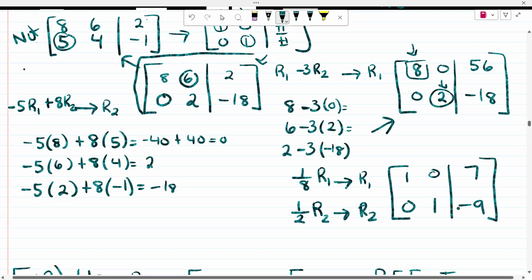Okay, so now we have it in reduced row echelon form. And I like this. So now our solution is, remember, we called this the x column and this the y column. So this 1 is like saying 1y, because these numbers are coefficients. 1y, and then the straight line means equals negative 9.